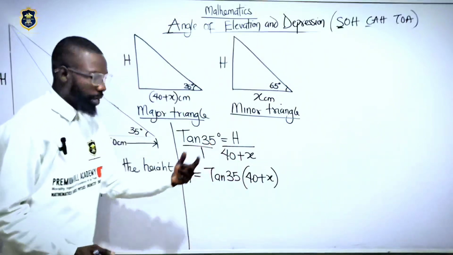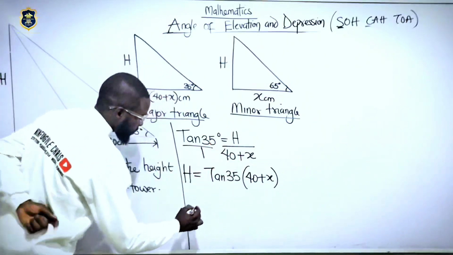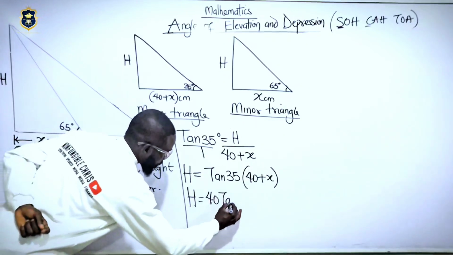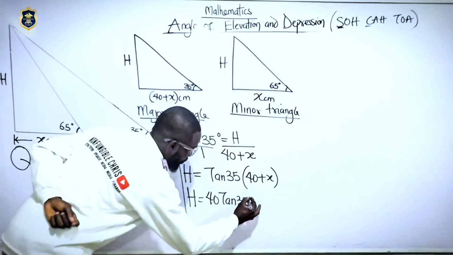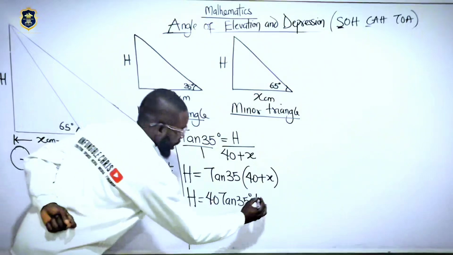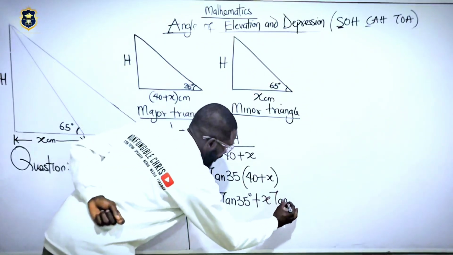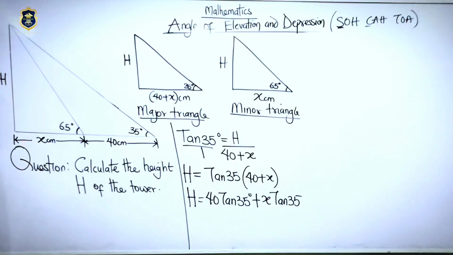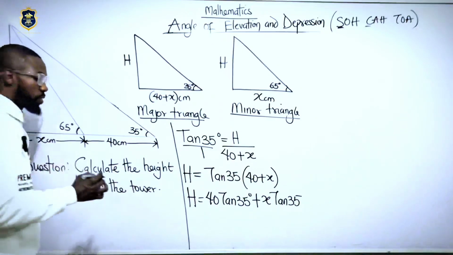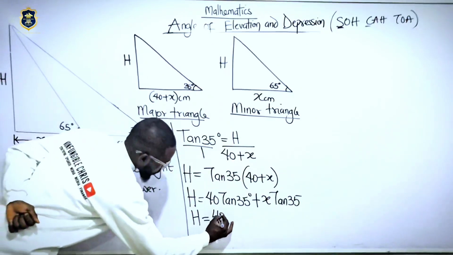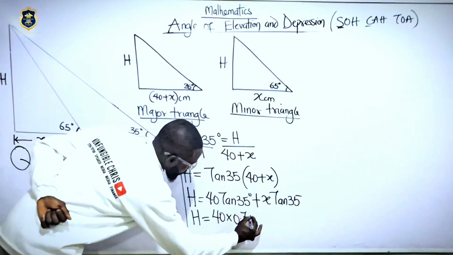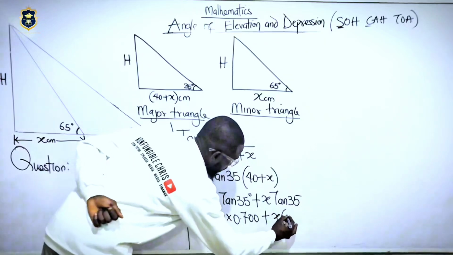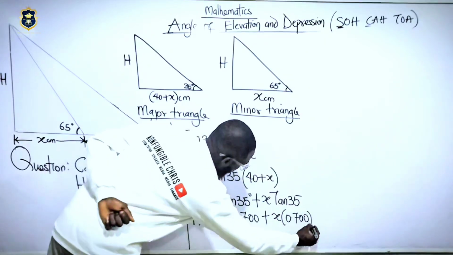That's how to factorize in math. So 40 times tan 35, our h becomes 40 tan 35 degrees plus x tan 35. If you use the calculator, you discover tan 35 is 0.700. So this will be 40 times 0.700 plus x times 0.700.